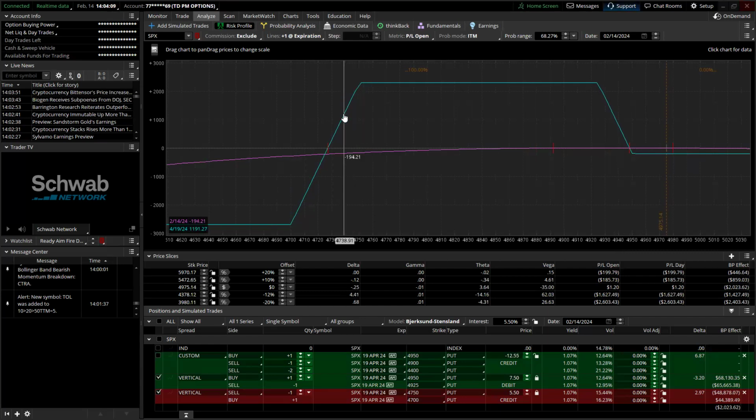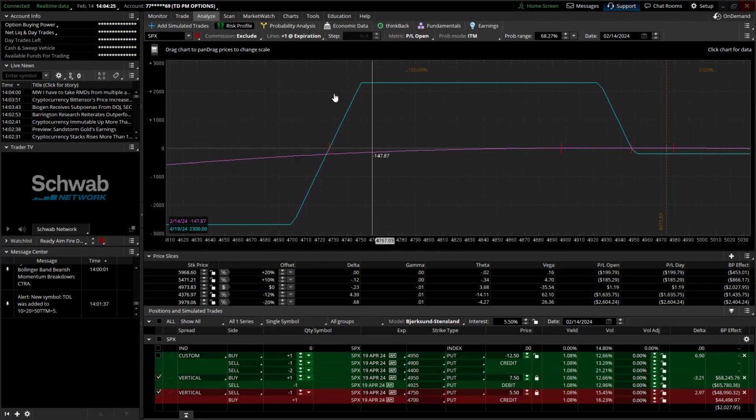So the difference between the widths of these two spreads is 25 points, which means that if SPX at expiration is below 4,700, we are down $5,000 because the put credit spread is 50 points wide. Our total risk with this put credit spread is 50 points, or $5,000 per one contract.